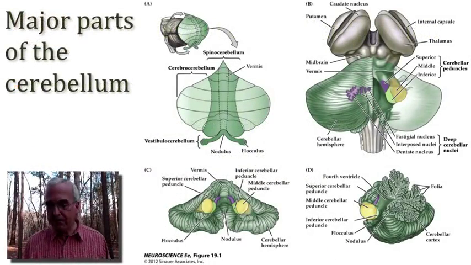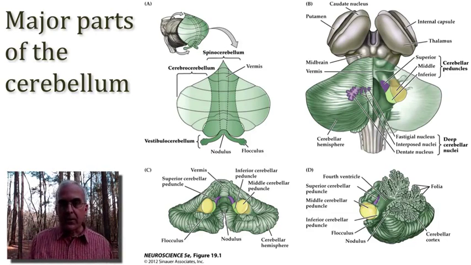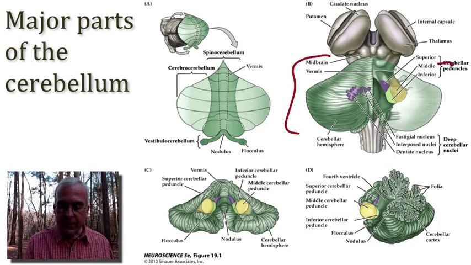Okay, well, that's my introduction. I want you to understand some of this background as we now seek to identify the basic parts of the cerebellum. Well, there are really three basic parts of the cerebellum that we want to consider. There's the cerebellar cortex, which is all of this massive tissue that we see from the surface view of the brain.